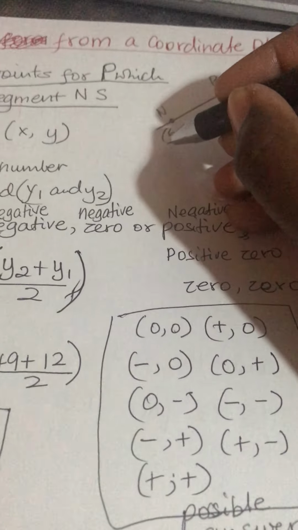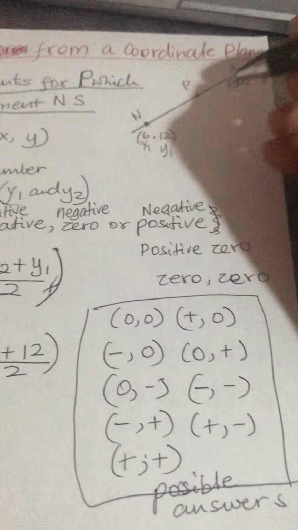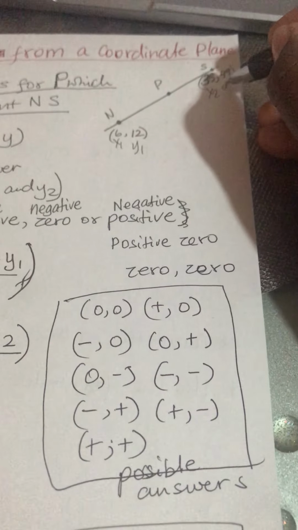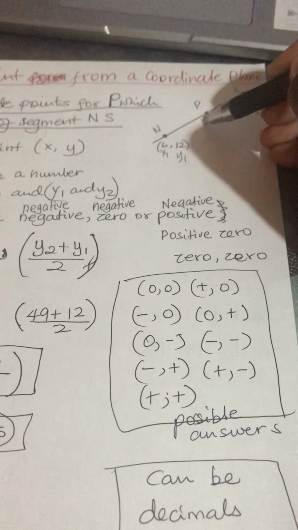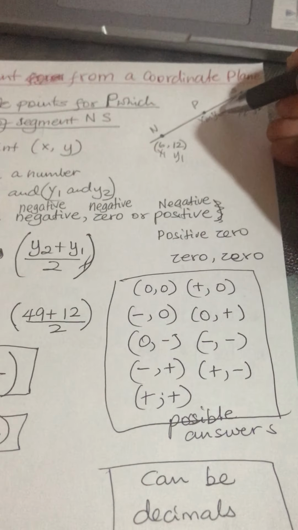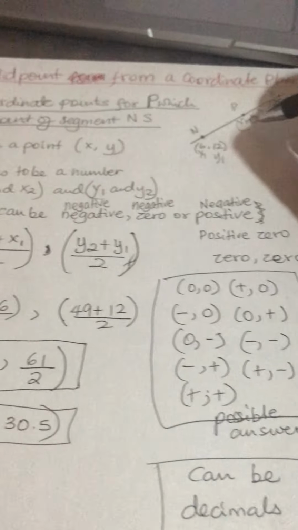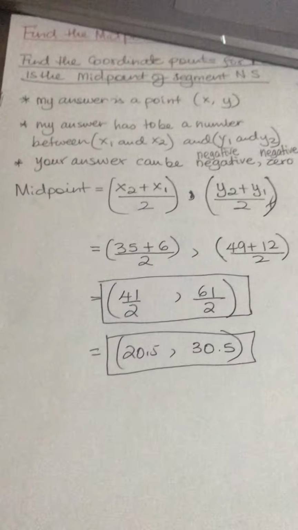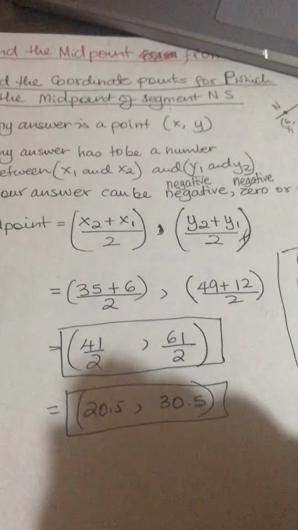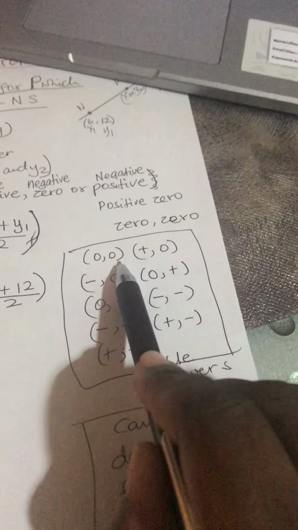So label first. x1, y1. x2, y2. This one is always labeled as xm, ym because it is in the middle. Midpoint.